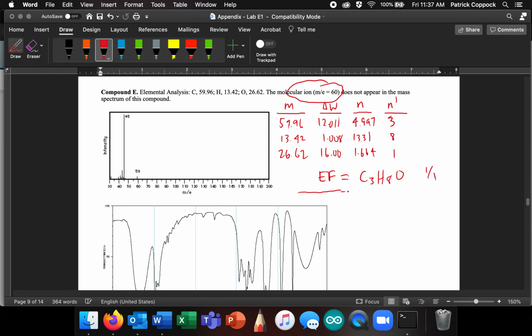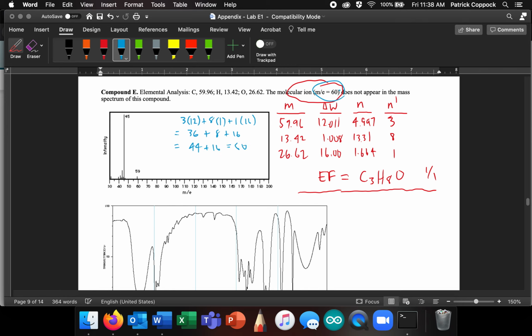So let's do the molecular formula now. We know that 3 times 12 plus 8 times 1 plus 1 times 16 is equal to 36 plus 8 plus 16, which is equal to 44 plus 16, which is equal to 60, okay?